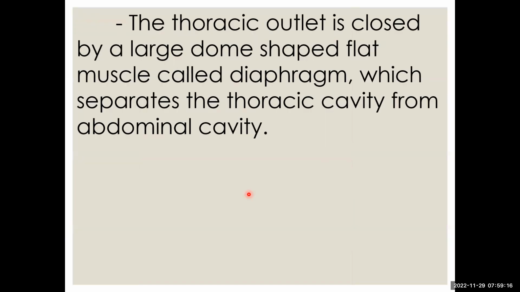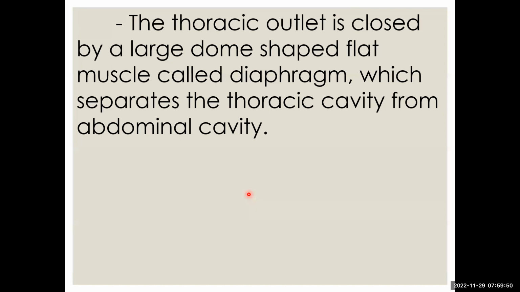The structures from the thoracic cavity are separated from the abdominal cavity by a transversely placed muscle called the diaphragm, and structures passing from the thoracic cavity into the abdomen pierce the diaphragm, making openings in the diaphragm to enter the abdomen. Most of the structures enter from the thoracic cavity into the abdomen this way.